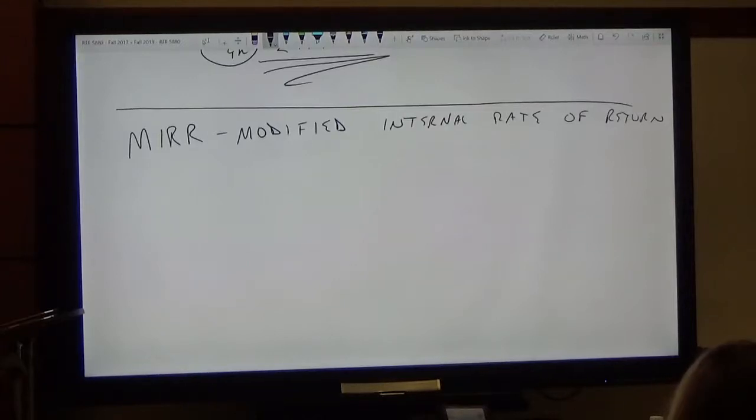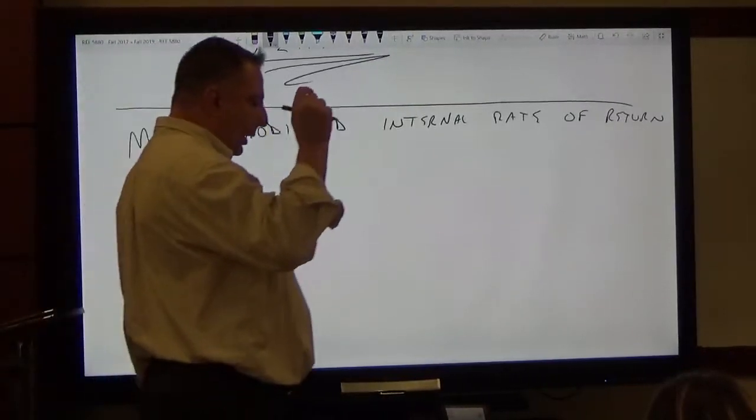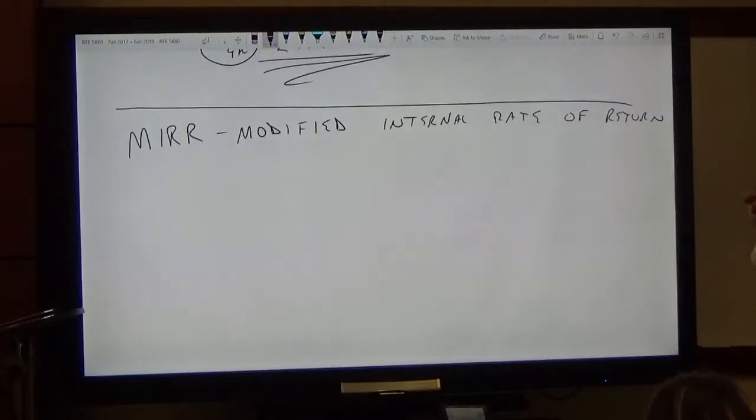So what have you heard about it? Isn't that when you have irregular income, negative, positive, negative? Yes. That is, how do you deal with a situation where you've got cash flows that are both positive and negative after your initial purchase?